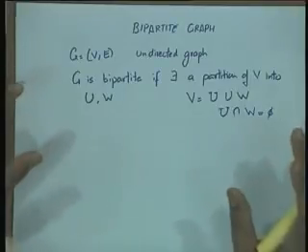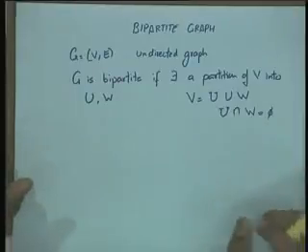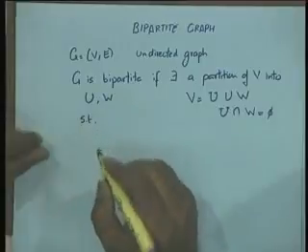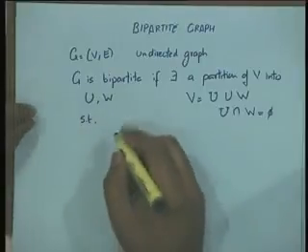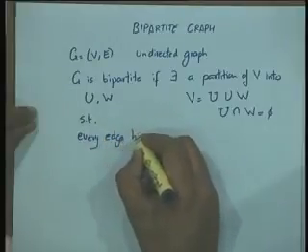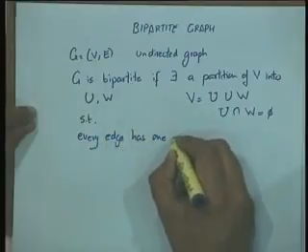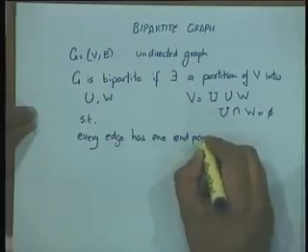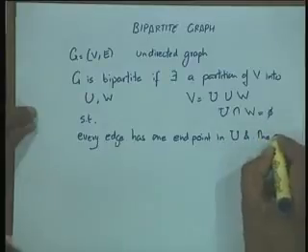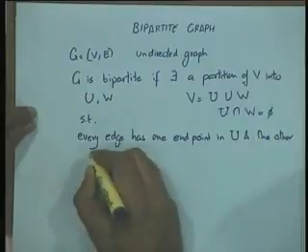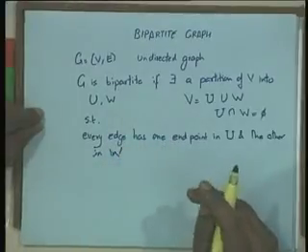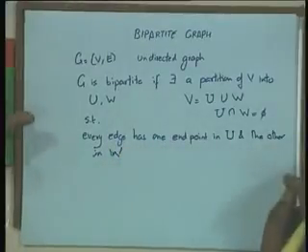I can divide the set of vertices into 2 pieces, U and W, such that every edge has one end point in U and the other in W. Every edge will have one end in U and the other end in W.